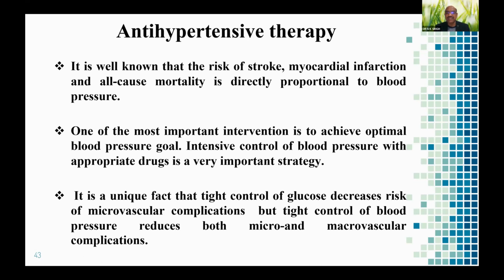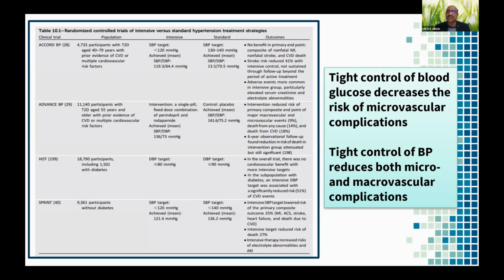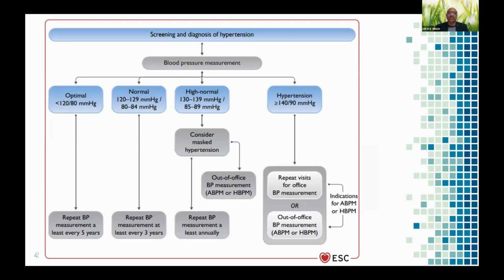But remember, the tight control of blood pressure reduces both micro and macrovascular complications. The message is quite clear. So tight control of blood glucose decreases the risk of microvascular complication, and tight control of BP reduces both micro and macrovascular complications.